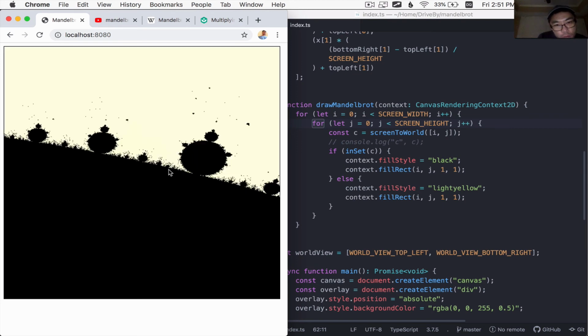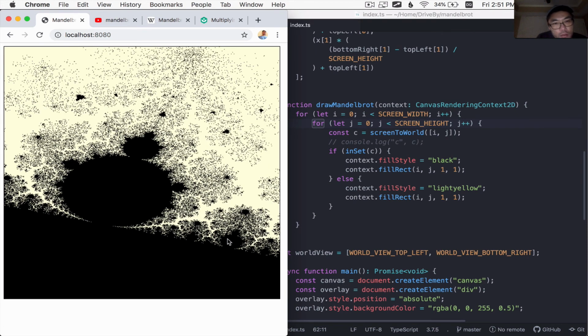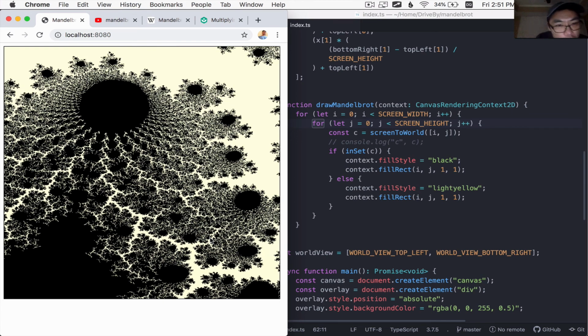So what is something interesting? Let's zoom into here, and now things are starting to look weird. Let's zoom in some more. Wow, I mean, that is a beautiful image. There's this, I don't know what this looks like, a desert island of some sort, maybe, or a really pretty continent.